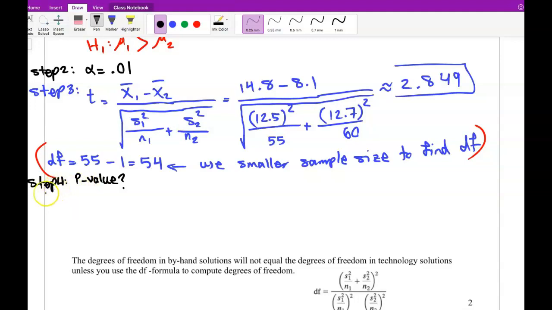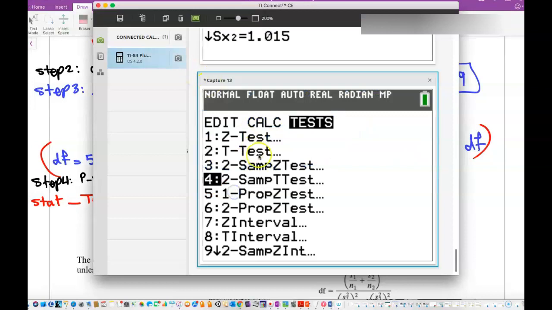So the first step, press stat, then test, then scroll down, choosing number 4, 2-sample t-test. Then enter.